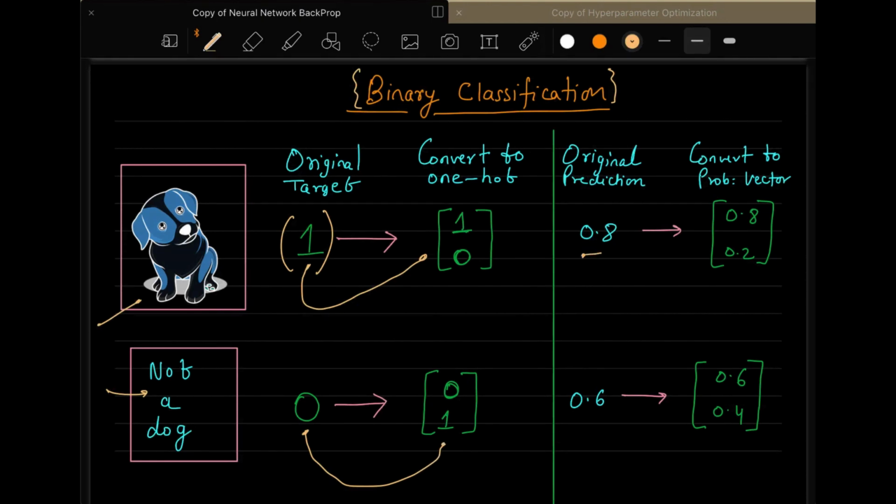The prediction 0.8 will be converted to a probability vector, where we have 0.8 and 1 minus 0.8, which is 0.2, and in this case we have 0.6 and 0.4. Then you do the binary cross entropy loss for these two classes, which is a simple extension to multi-label classification using binary classification.